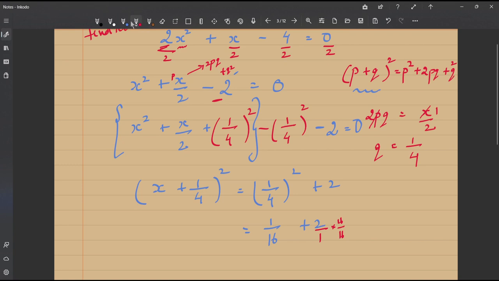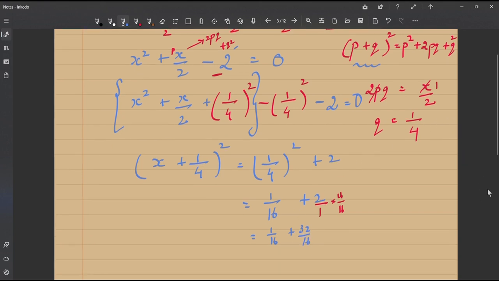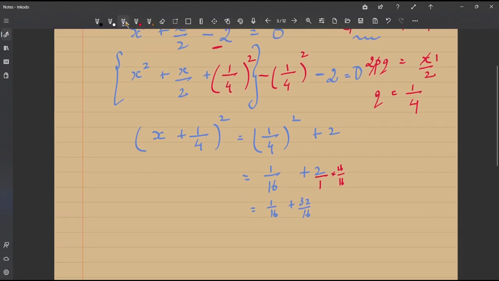This becomes 1 by 16 plus 32 by 16. It can be added now as the denominators are the same. And now your equation would look like x plus 1 by 4 the whole squared is equal to 33 by 16.